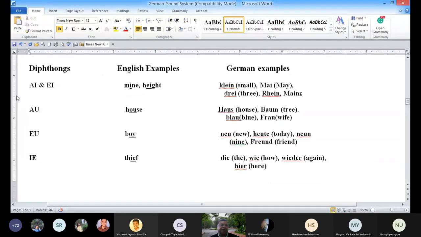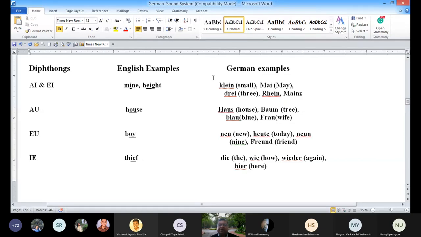See the example. The first 2, AI and EI, have a similar sound, just like English mine or height, where the I sound is coming. So AI and EI is equivalent to I of English.